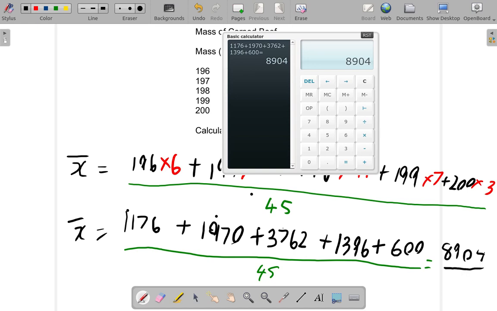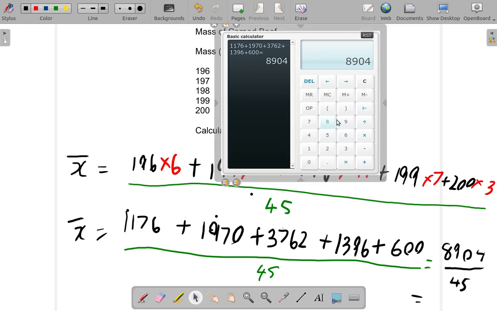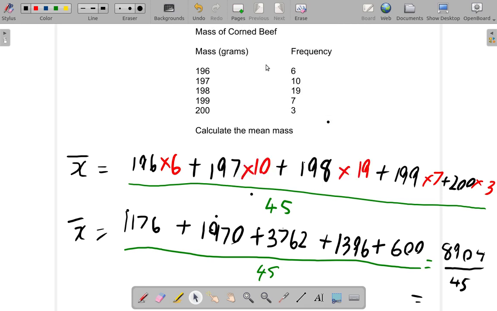8904 divided by 45 equals 197.87. Let's call it 197.87. So you have 197.87 there.